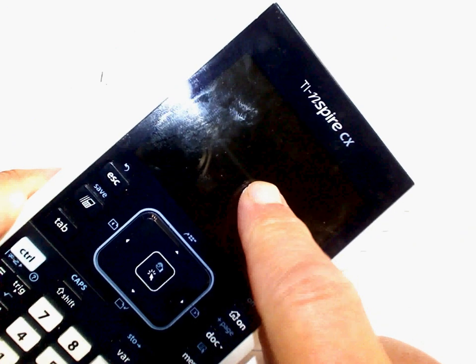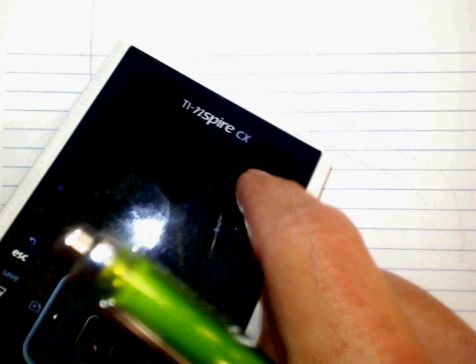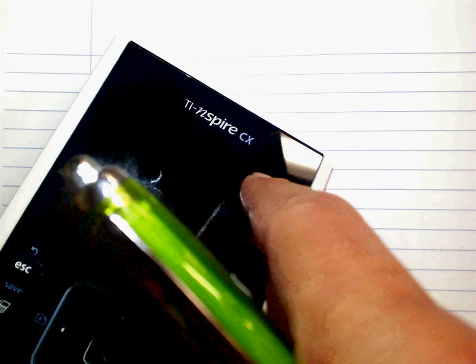Now, I will tell you, calculators can still be good for calculating. Calculators, we learned, can solve equations. Calculators only solve inequalities with a certain kind of calculator. This one doesn't solve the inequality. You can graph the inequality, but you can't solve it.